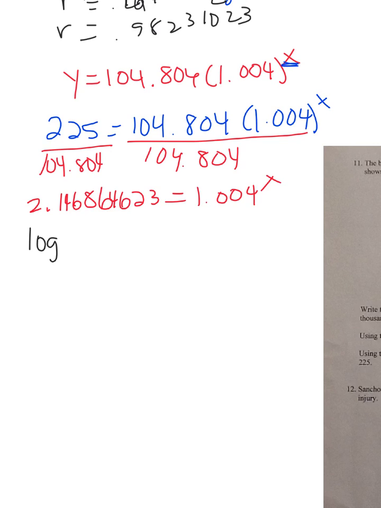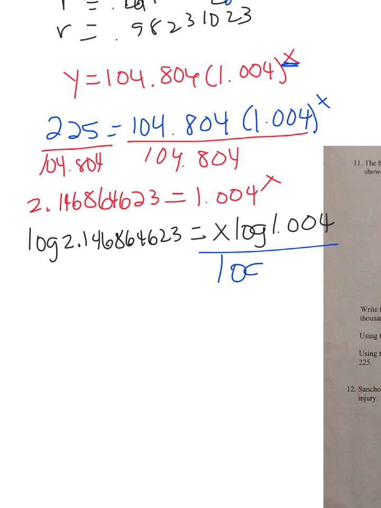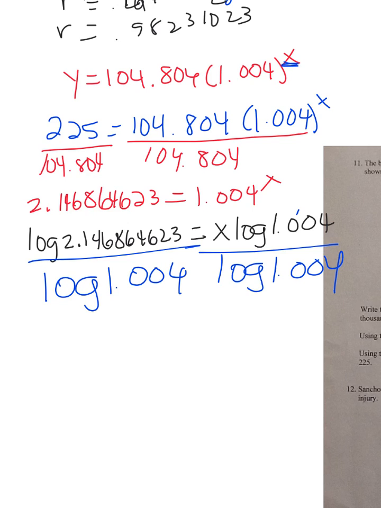Log of 2.146864623 equals x log 1.004, because the x goes in the front. That's that rule. Divide both sides by log 1.004. So I get x equals 191.